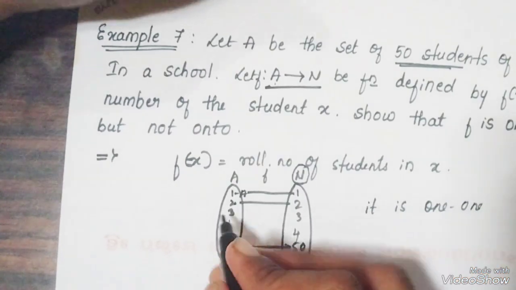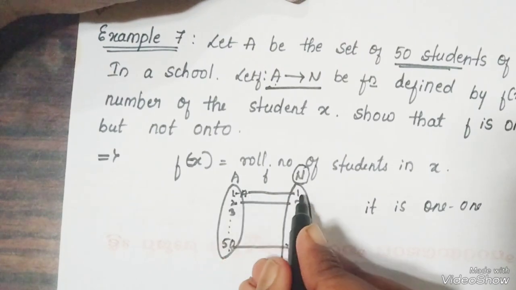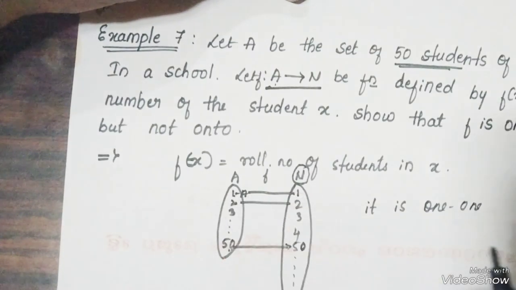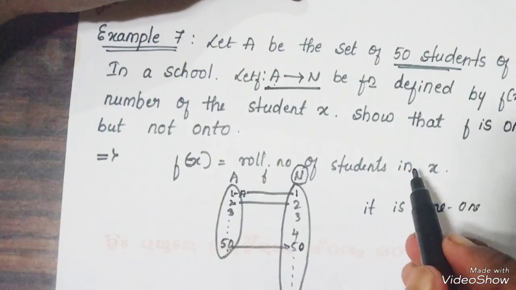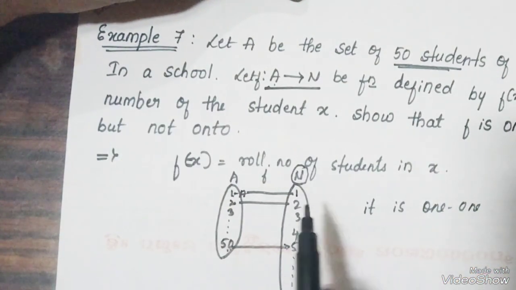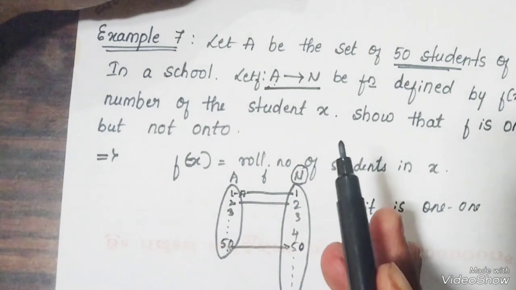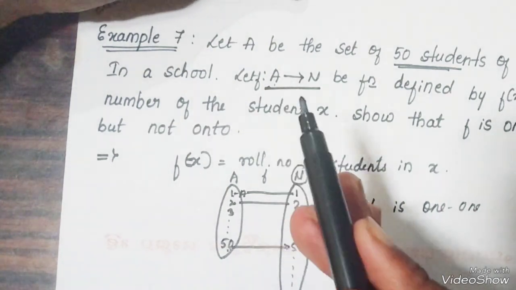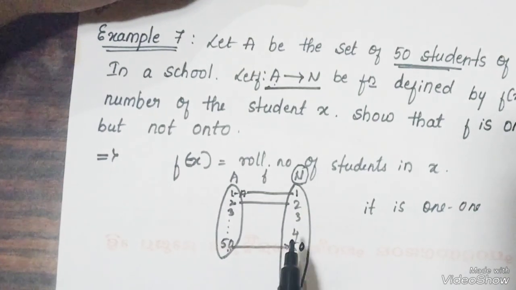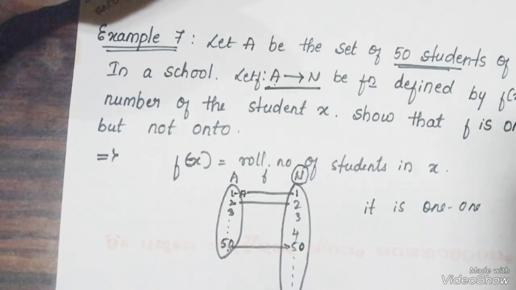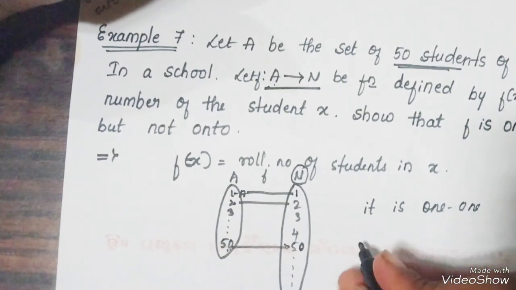Because up to 50 students, each distinct student has a distinct roll number. Now again, for not onto: if every element of the natural numbers has an image in A... up to 50 we have the image, but after 50 the numbers do not have any roll number of a student.